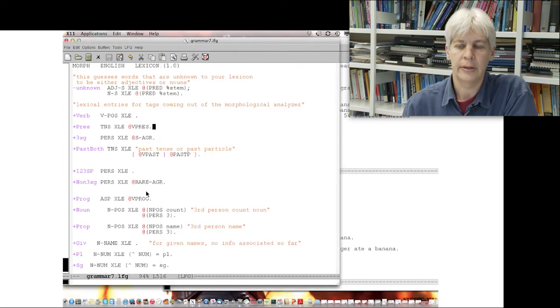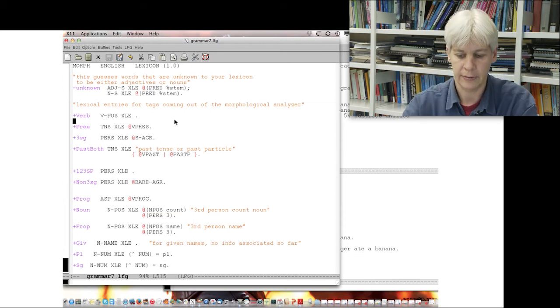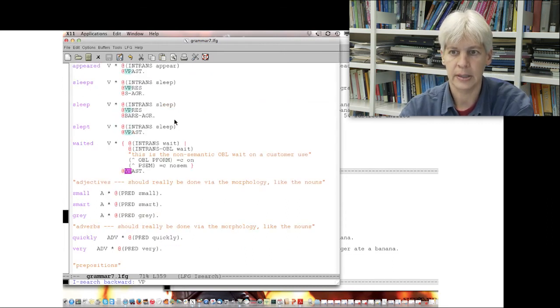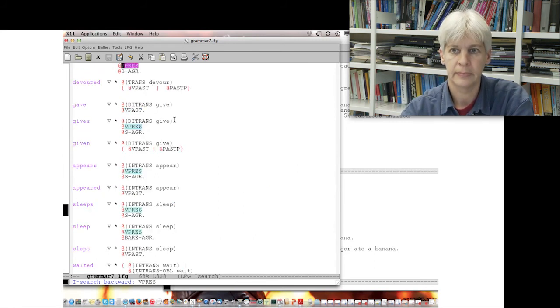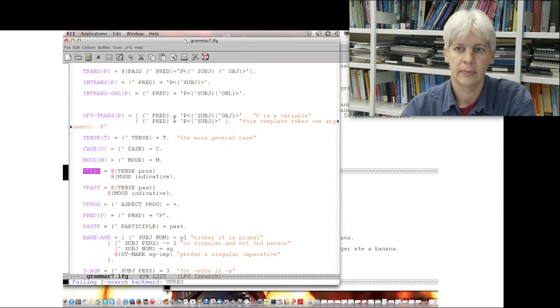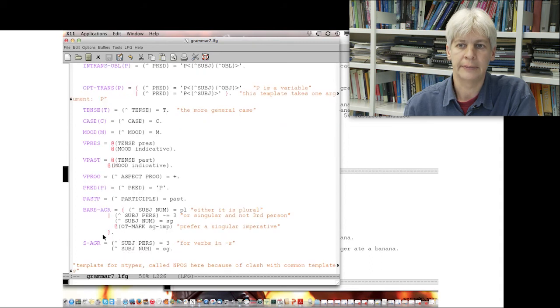There we go to bare agreement. Okay, so these are the two templates we have to look at. So let's look at vpres and bare agreement. Okay, and this says tense present, mood indicative. Well, we might not always want to do that. And what's bare agreement? This is where it's doing the agreement part.